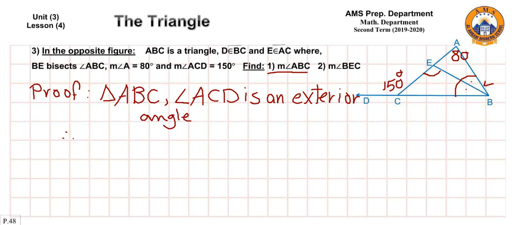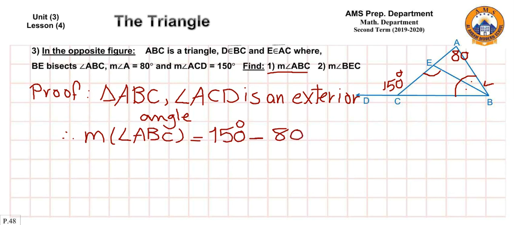Therefore, we can find the measure of angle ABC equals 150 minus 80, and this will be 70 degrees.